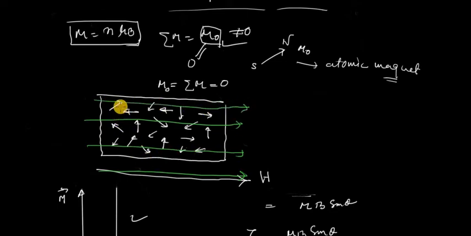Each individual atomic magnetic dipole, due to this magnetic field, aligns itself parallel to the magnetic field. This is the property. Each atomic magnet feels an external torque, and due to this torque, the atomic magnet aligns itself parallel to the external field.